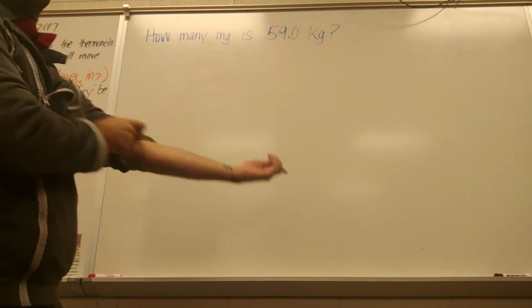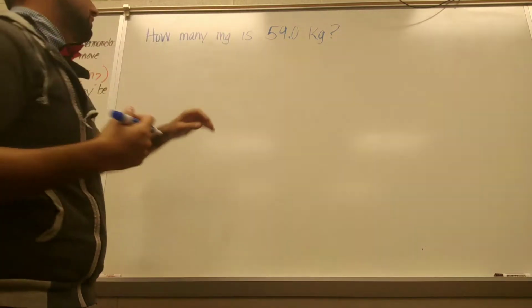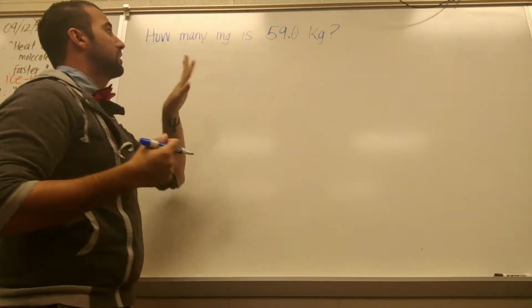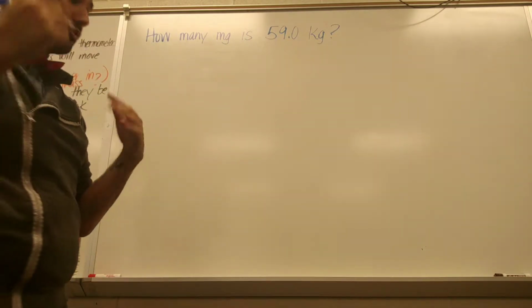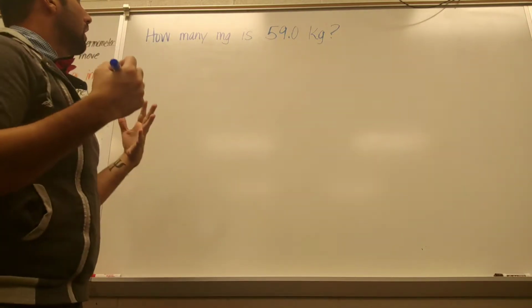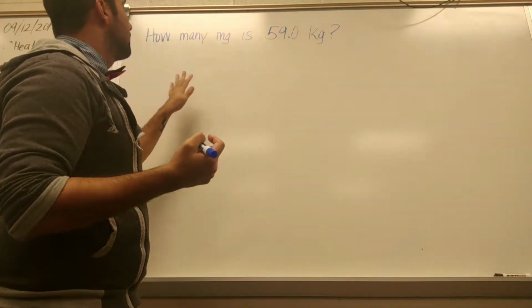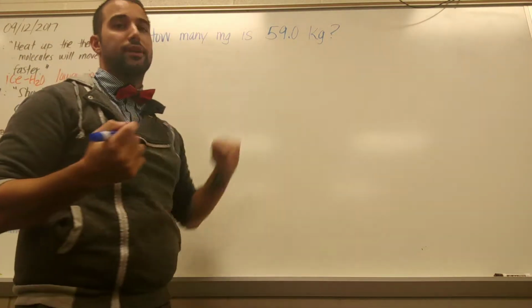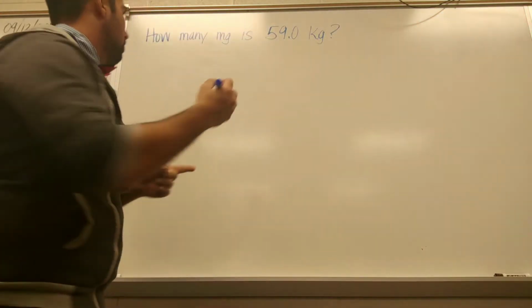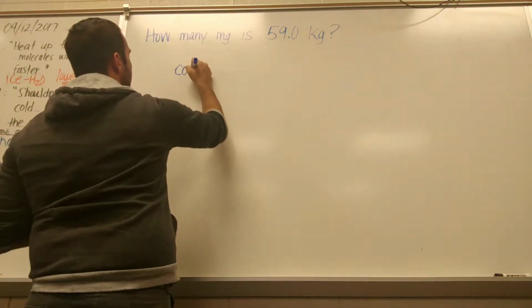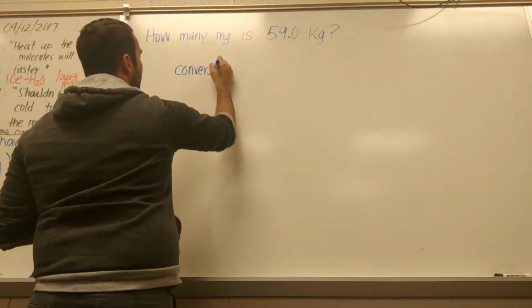So one of the questions on your worksheet, it's actually one of the last questions, is how many milligrams is 59 kilograms? I don't know off the top of my head what conversion goes directly from milligrams to kilograms, but I do know some conversions involving milligrams and kilograms.